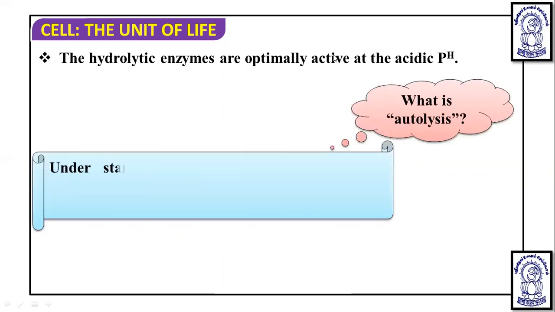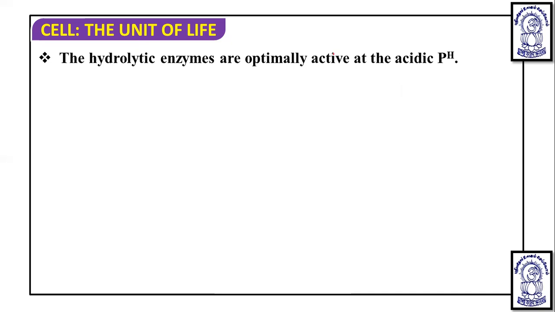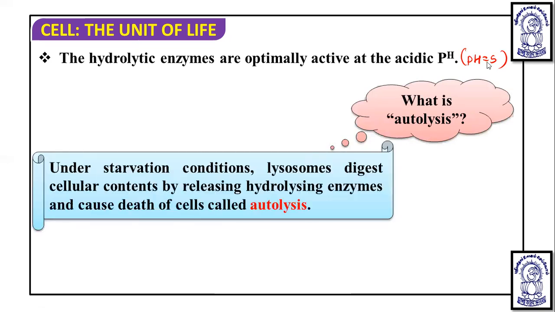And if we talk about the acidic pH, it is somewhere around pH 5, actually known as 5.65, found in this lysosome. Now, lysosomes sometimes help in autolysis.